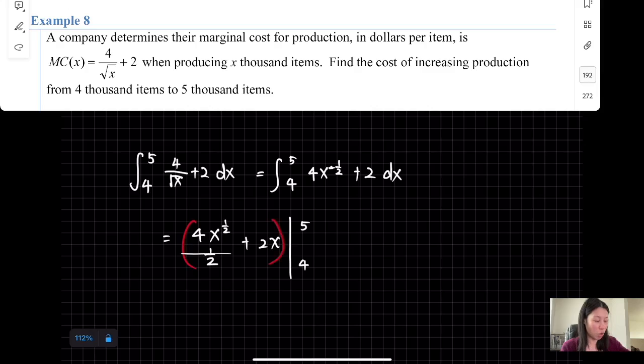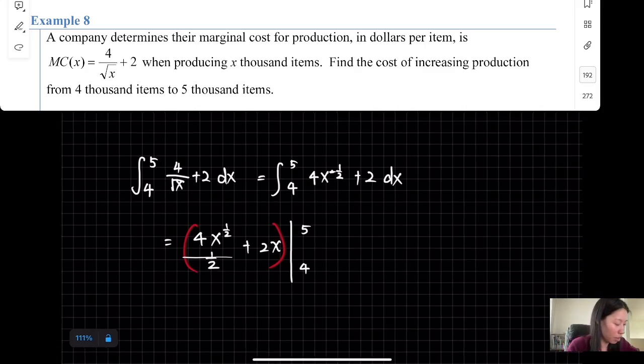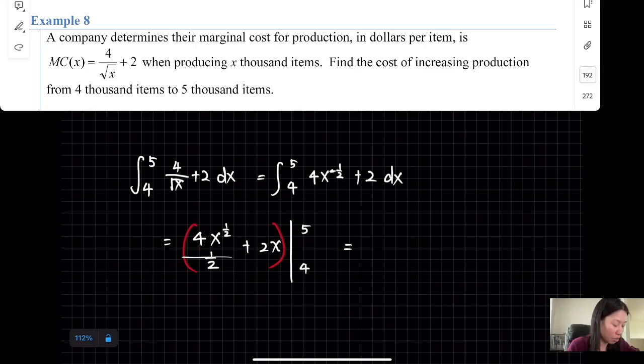So this whole part you need to evaluate from 4 to 5. Well, let's simplify it to make it look nicer. So this should be 8 times the square root of x plus 2x from 4,000 to 5,000.